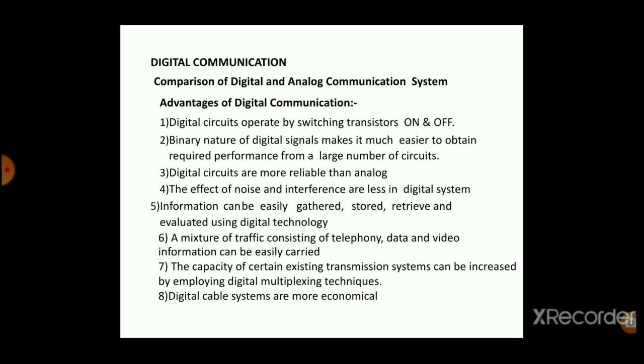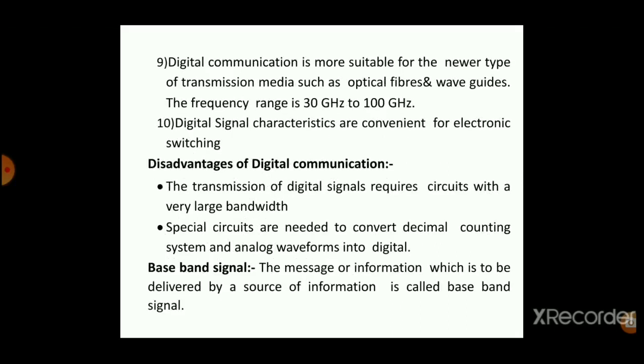Sixth one, a mixture of traffic consisting of telephony, data, and video information can be easily carried. Seventh one, the capacity of certain existing transmission systems can be increased by employing digital multiplexing techniques. Eighth one, digital cable systems are more economical.